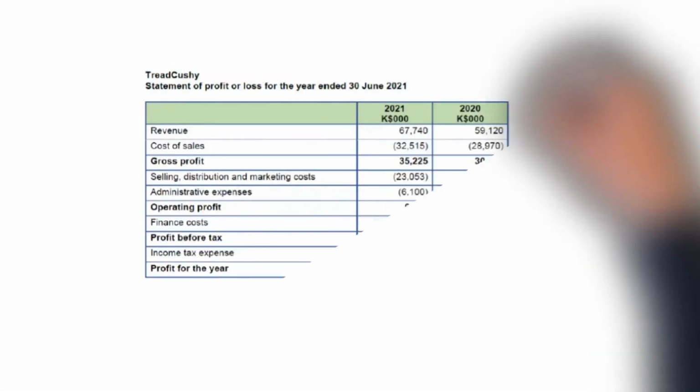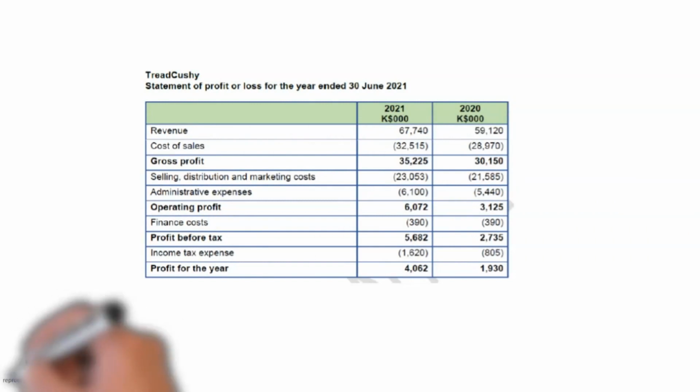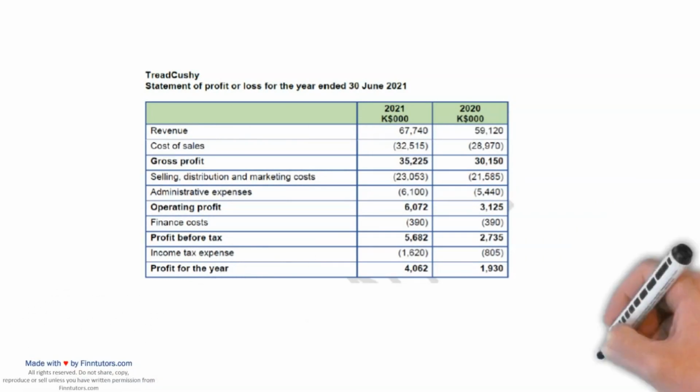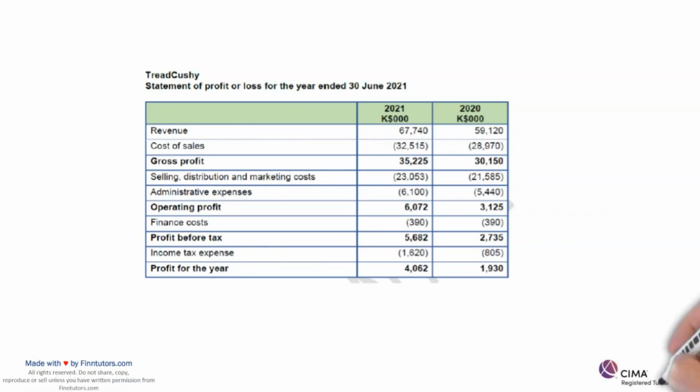Naturally, the first statement that we'll look at is the statement of profit or loss, which is on your screen right now. So, first, what we'll do is we'll just look at the actual numbers provided in the pre-seen, and then I will show you an analysis of the numbers that we have created that will make your job very easy of understanding the company's current position. So, looking at the statement of profit or loss, we have 2 years given to us, 2020 and 2021.